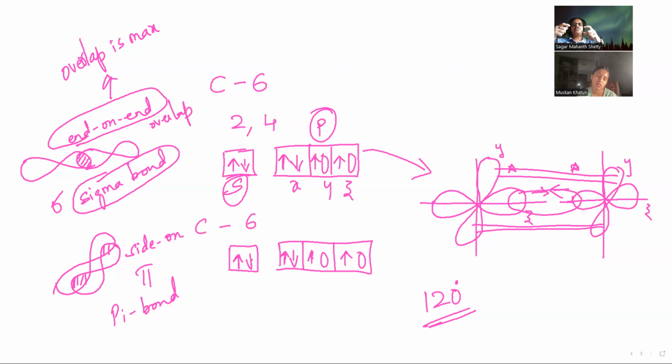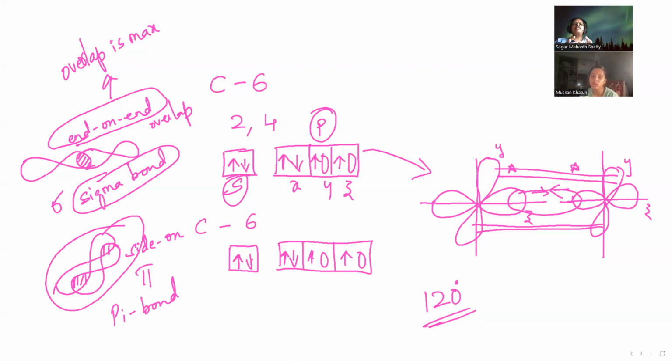Because it overlaps for a larger area, the bonds are much stronger in relation to the pi bonds. So sigma bonds are much stronger than pi bonds because of the extent of overlap being more in sigma bonds. So pi bonds are much weaker than sigma bonds.